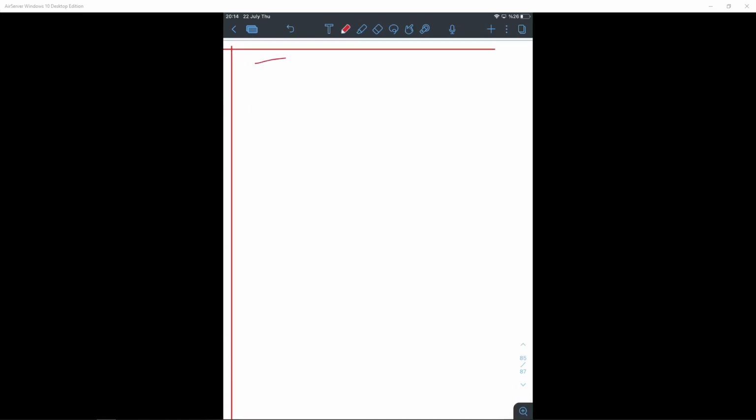prove this part was like the sufficiency, and now we are going to prove the necessity. And yes, well, let's remember the definition of H infinite norm, right?